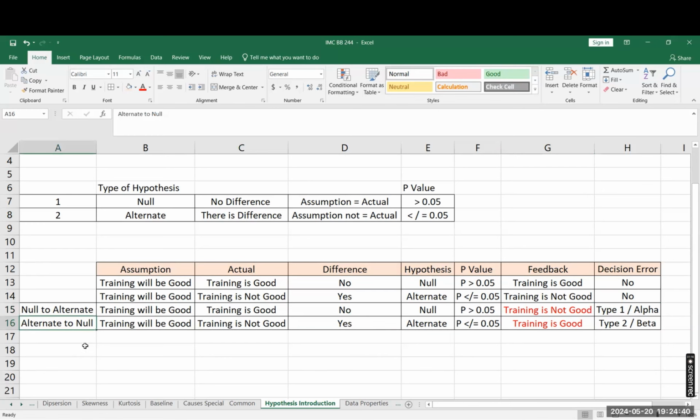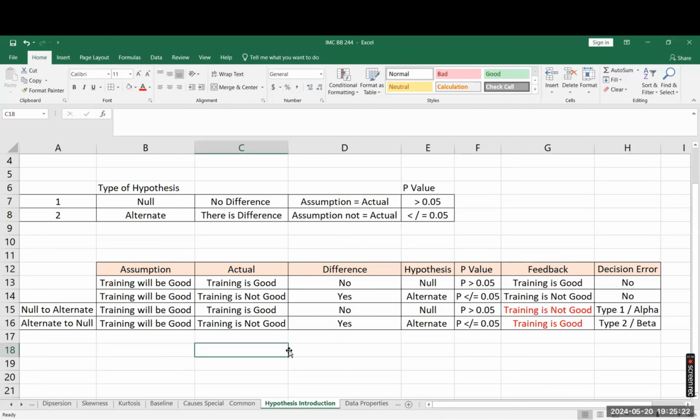In the second case, there is a difference, an alternate hypothesis, because the assumption was training will be good and actually training is not good. The p-value is less than or equal to 0.05, and you are saying training is good. That means the opposite again. So this is your type 2 error or beta error. In simple words, whenever there is a null hypothesis and you say it's an alternate, that is a type 1 error. Whenever there is an alternate hypothesis and you say it's a null, then it's a type 2 or beta error.